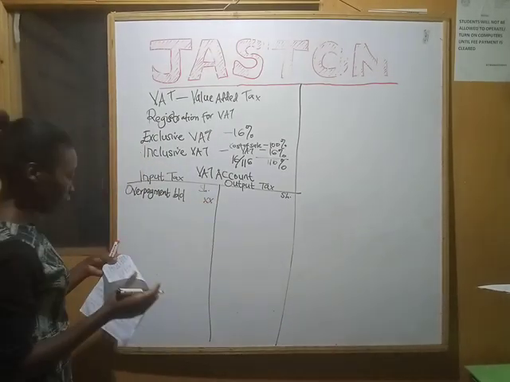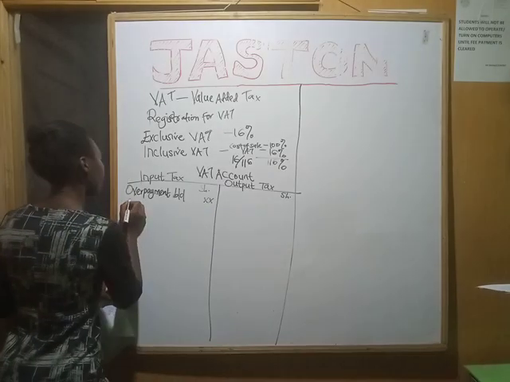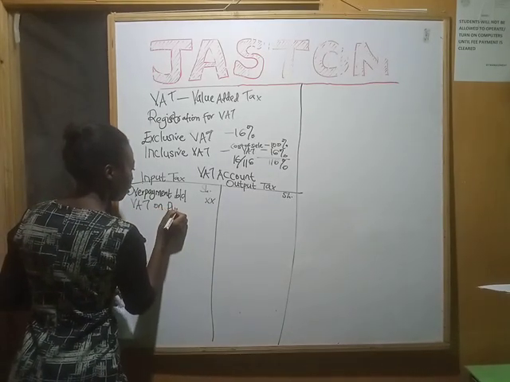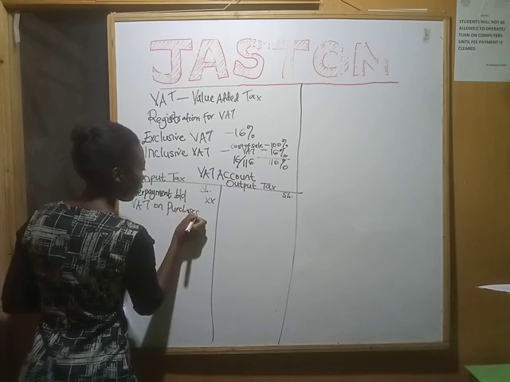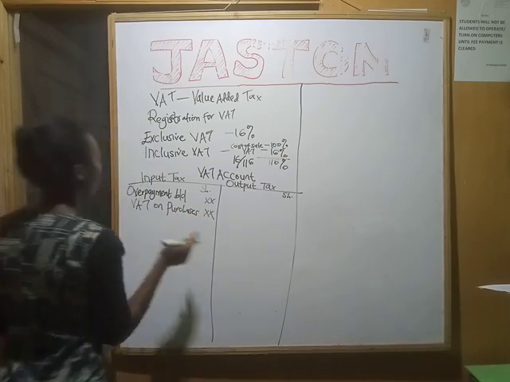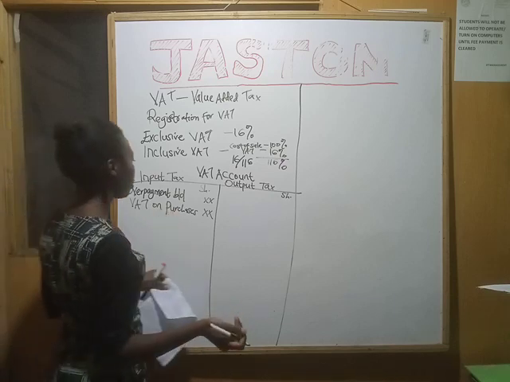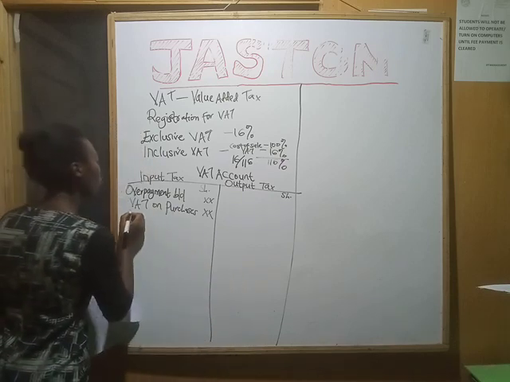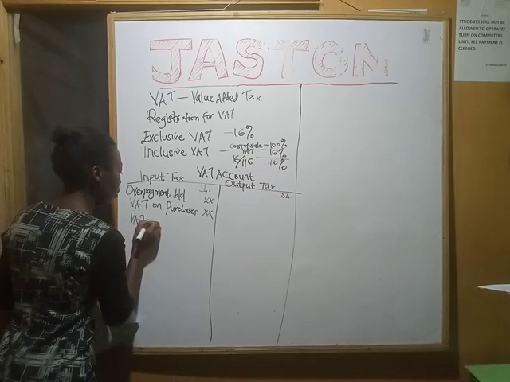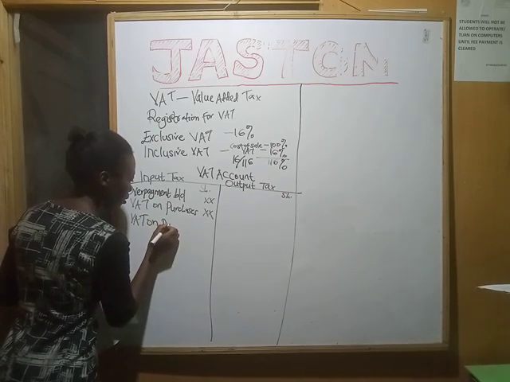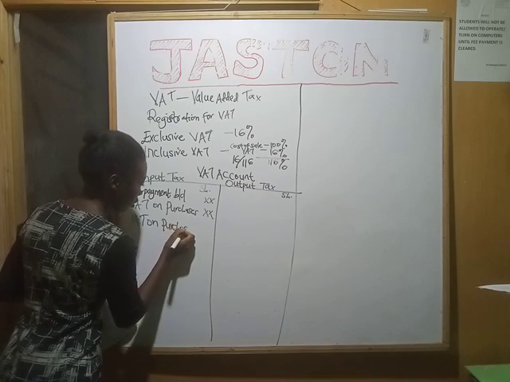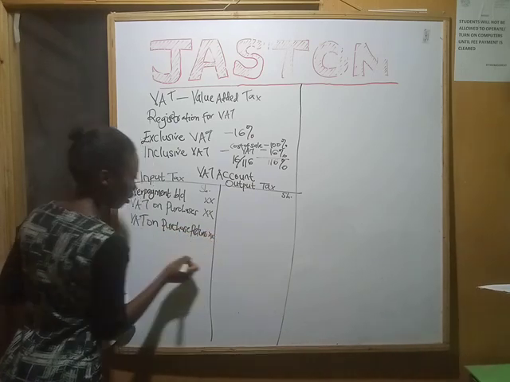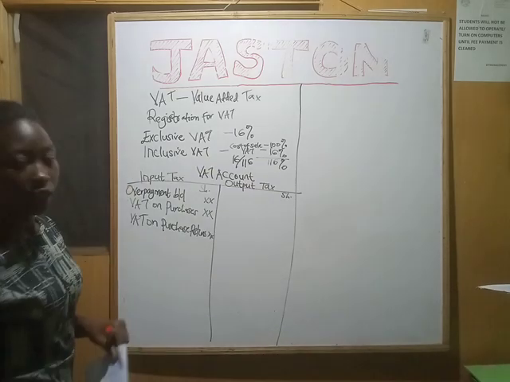Then we have the VAT on purchases. Every purchase we make, we are going to put it in the input side of the VAT account. We are also going to have the VAT on purchase returns, which we include in the input tax.